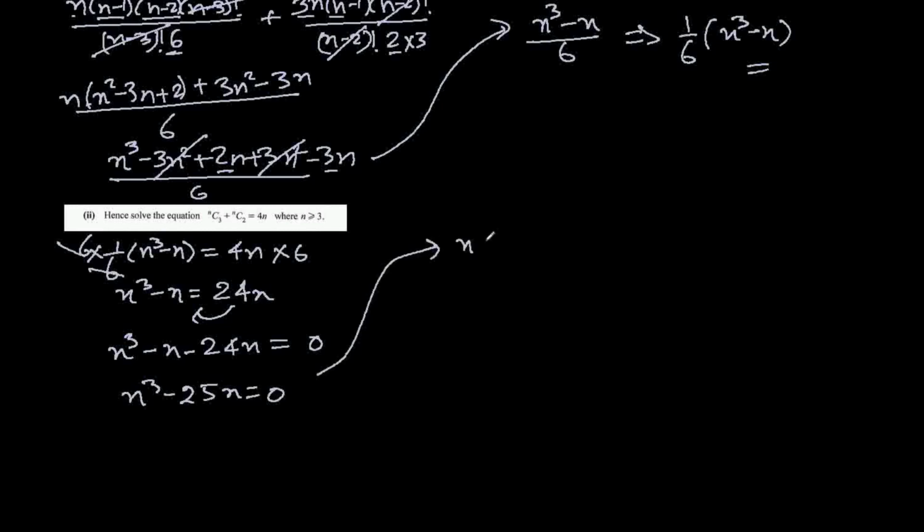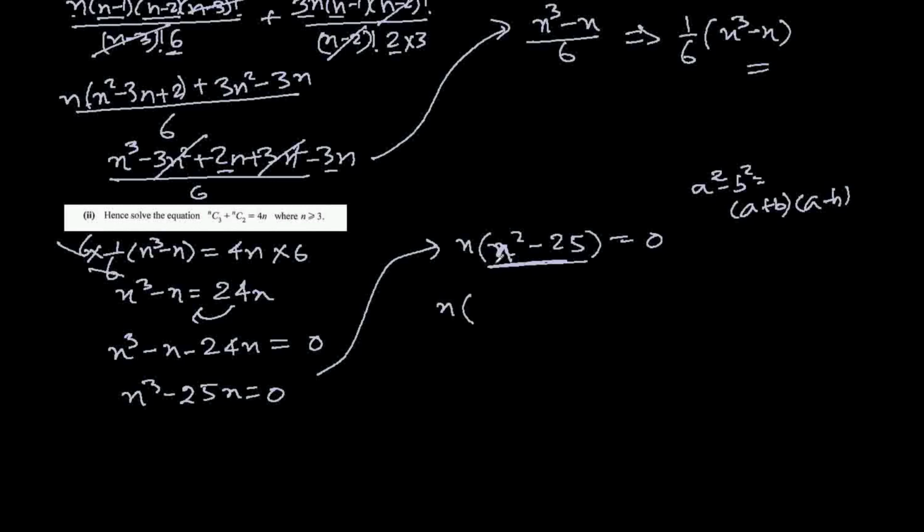Take n common, so we are left with n squared minus 25 equal to 0, and it's a perfect square minus a perfect square. Can you see here? We have an identity that we repeatedly use many times: a squared minus b squared has the factors a plus b and a minus b, and that will happen here.